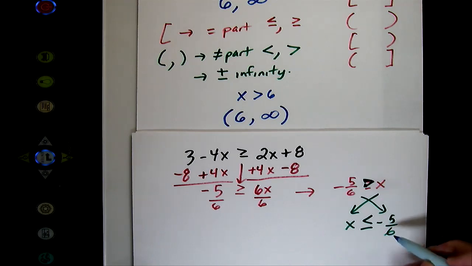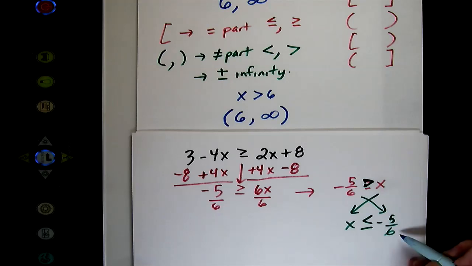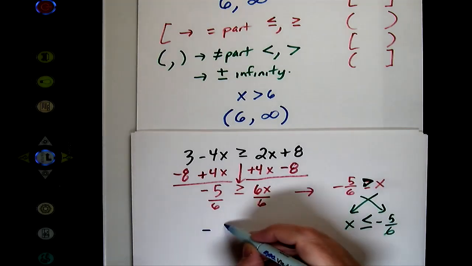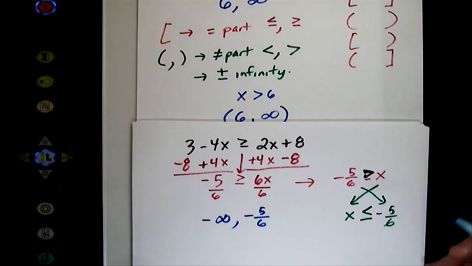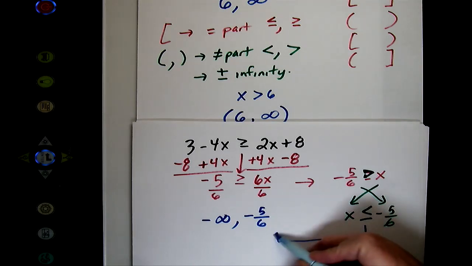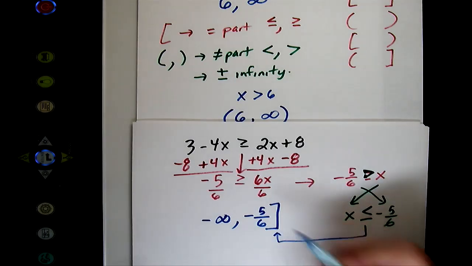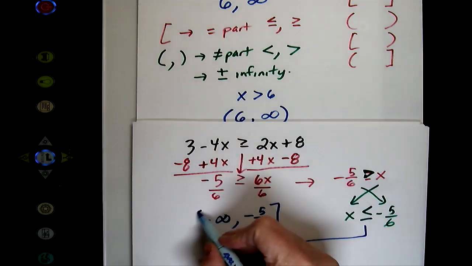This means numbers less than -5/6 work, like -1, -20, -1 billion, all the way up to negative infinity, but -5/6 works as well. Since we have the equal sign, we're going to use a bracket. The infinity always gets a parentheses.